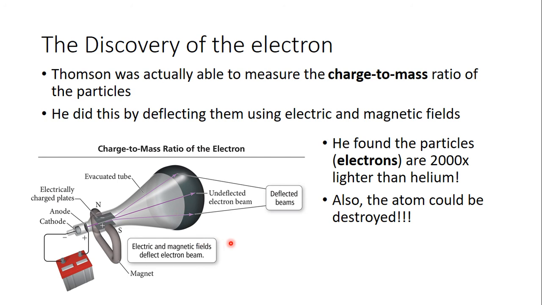We're not going to go into the math of how this was done, but he was able to see that these particles, these electrons, are actually 2,000 times lighter than helium, which means that what he was seeing wasn't atoms, but he was destroying atoms and looking at the small particles that make up atoms.